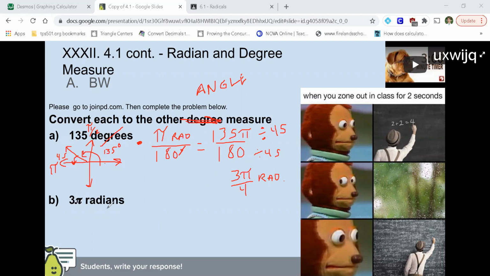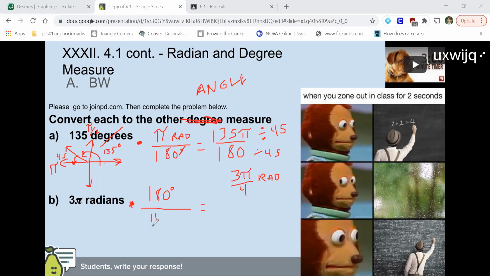All right, so who can help me with B? What do I have to multiply this by to get my answer? 180 degrees over pi. That's right.